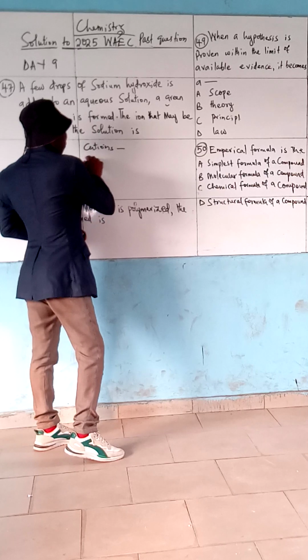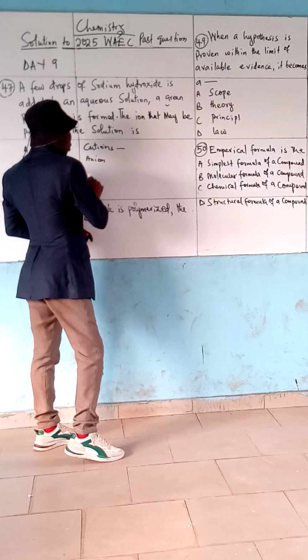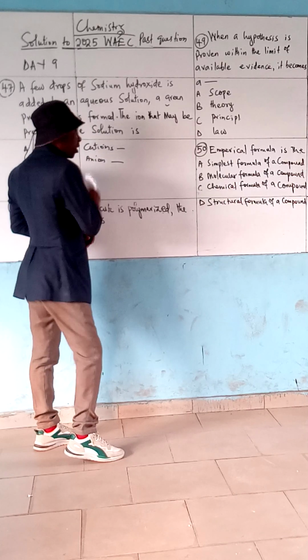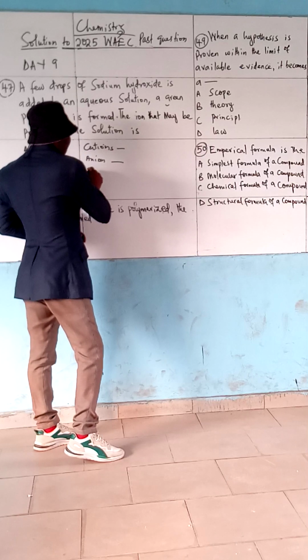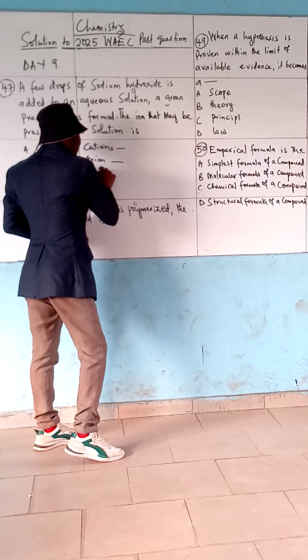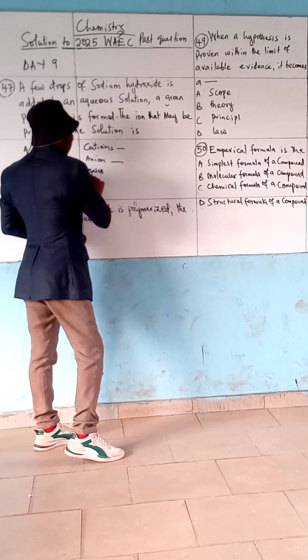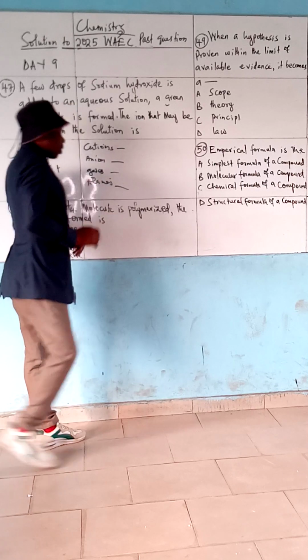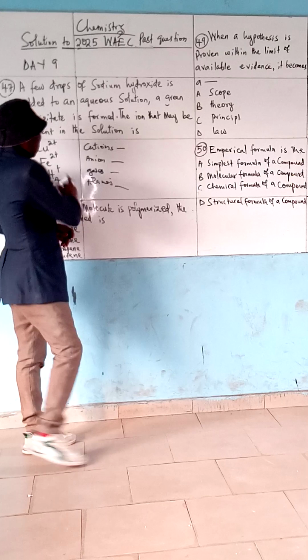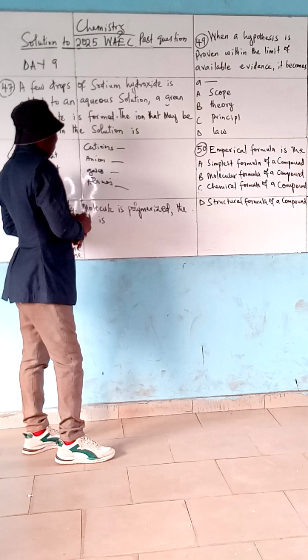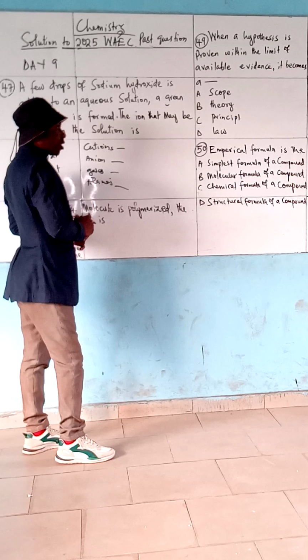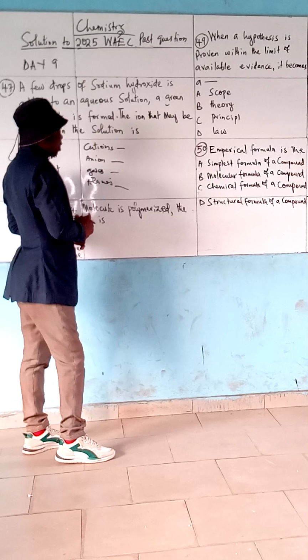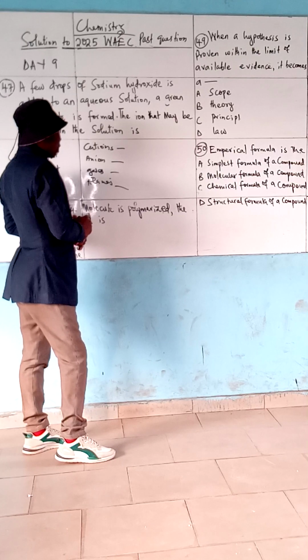Identification of anions, which is the negatively charged ions. Identification of gases, and finally we have flame tests. These are the four things you are expected to do as long as qualitative analysis in practical chemistry is concerned.